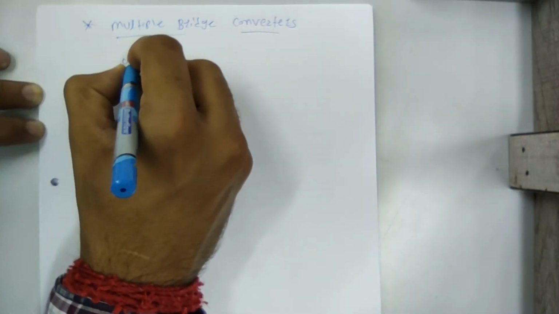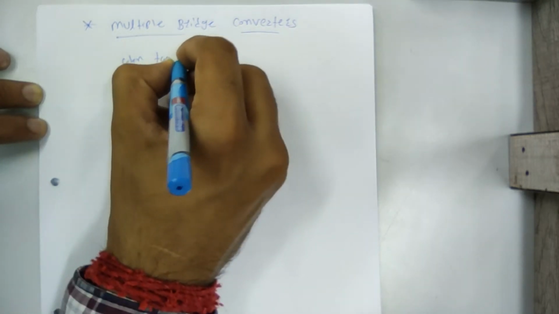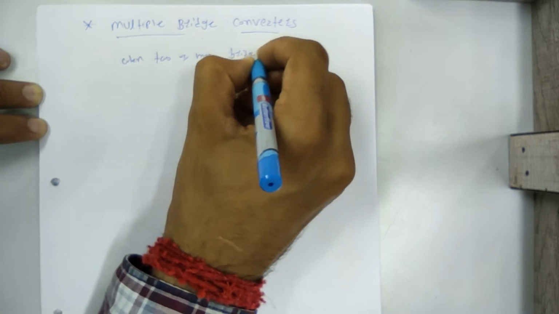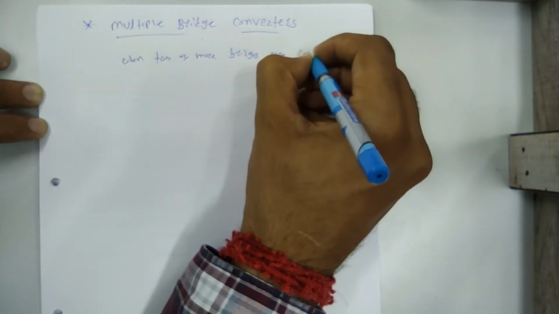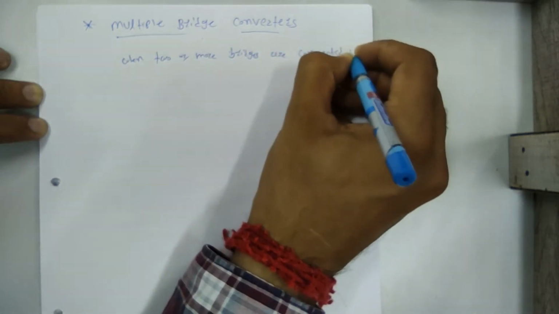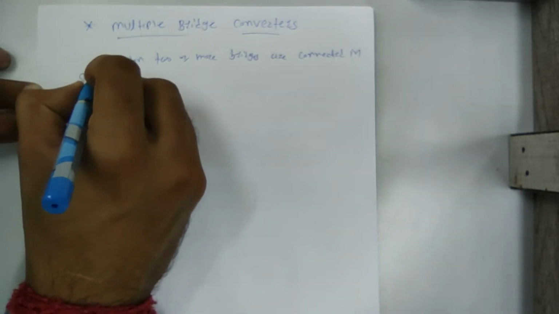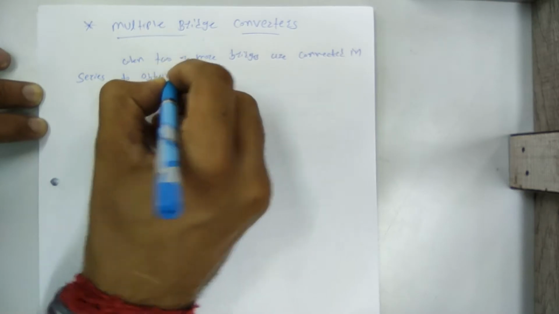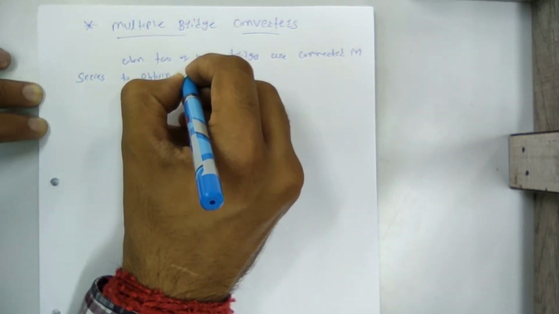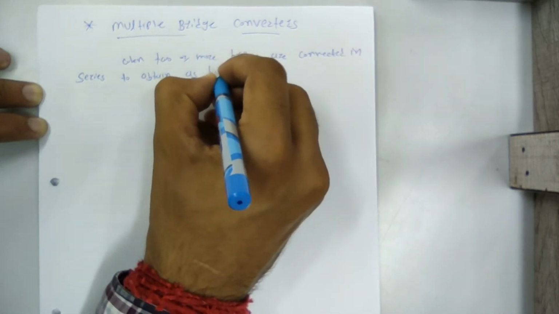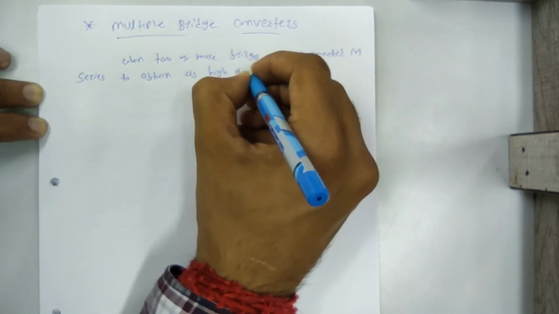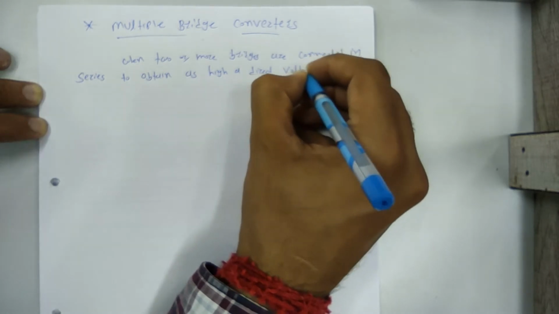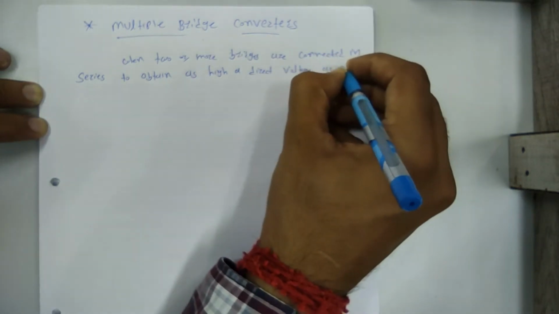When 2 or more bridges are connected in series to obtain as high a direct voltage as required.